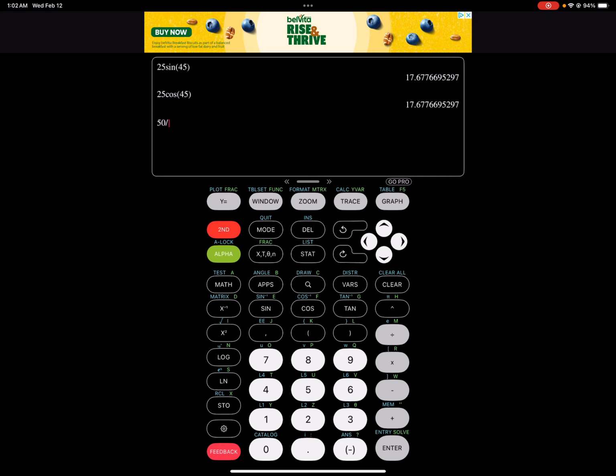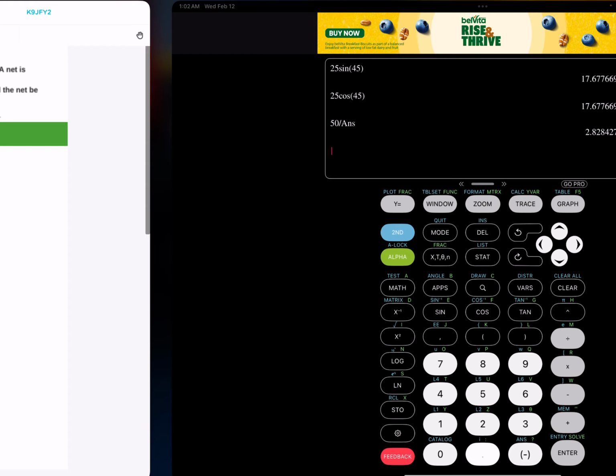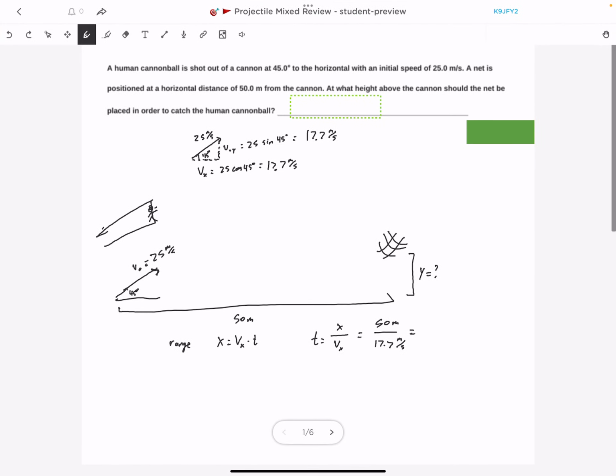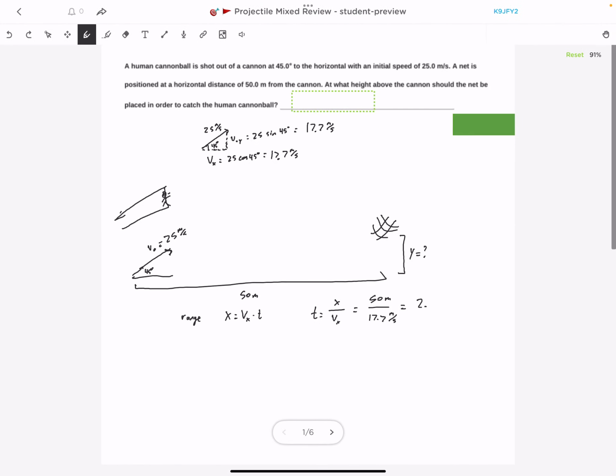Okay, so 2.83. That's how long it's going to take. So t is equal to 2.83 seconds. Okay, so now the height that the net needs to be off the ground.